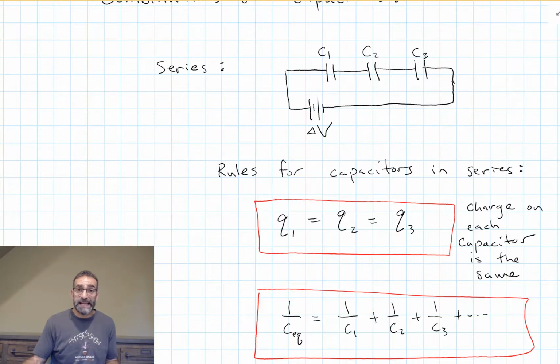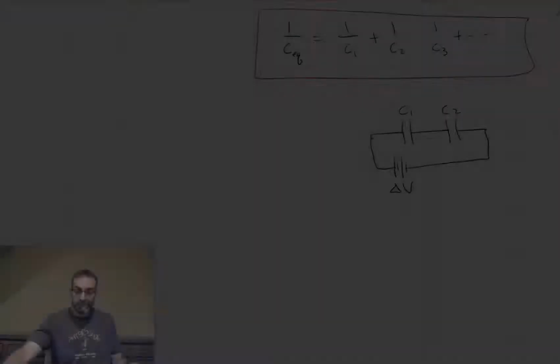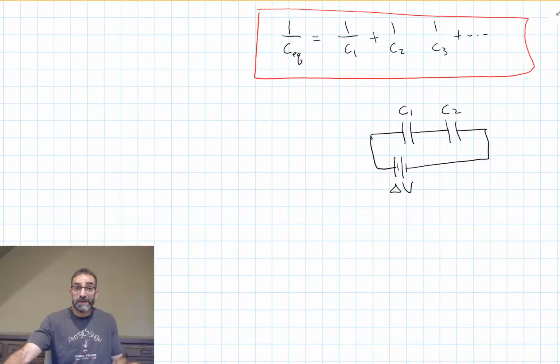And for capacitors in series, the equivalent capacitance is determined with this formula. Of course, I drew my circuit with 3 capacitors, but it could have any number of them. If there were 4 or 5 or 6, you would just continue this formula for 4 or 5 or 6 capacitors, whatever you need.